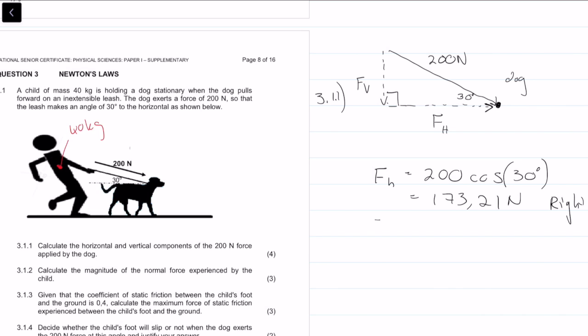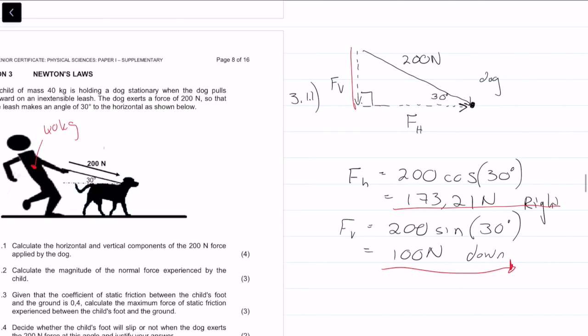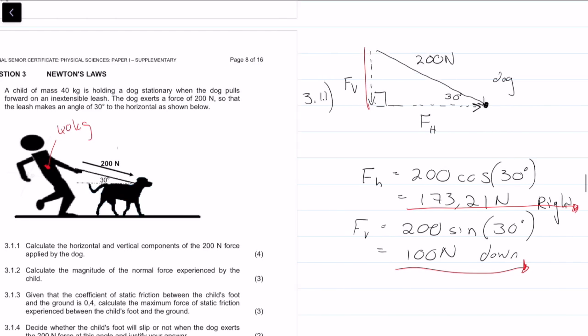And the force vertical is going to be 200, and we want the vertical component this time, so we have sine, because that's opposite, sine of 30 degrees, and that gives us a value of 100 newtons, and the direction is down. Okay, so those are our two answers. Let's do that and that. Okay, cool stuff, and we've got ourselves 4 marks.